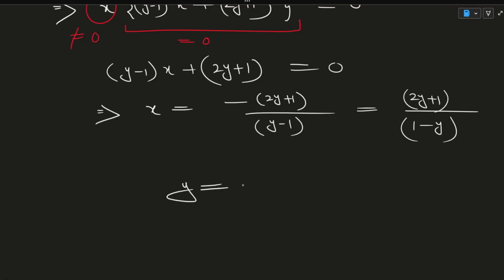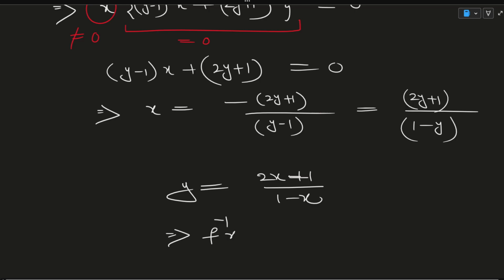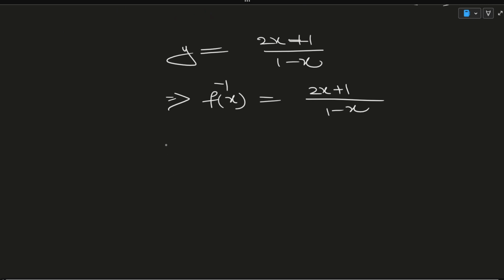So y equal to (2x plus 1) by (1 minus x), which implies f inverse of x is (2x plus 1) by (1 minus x). Now we got our f inverse x. Now we'll differentiate this one.